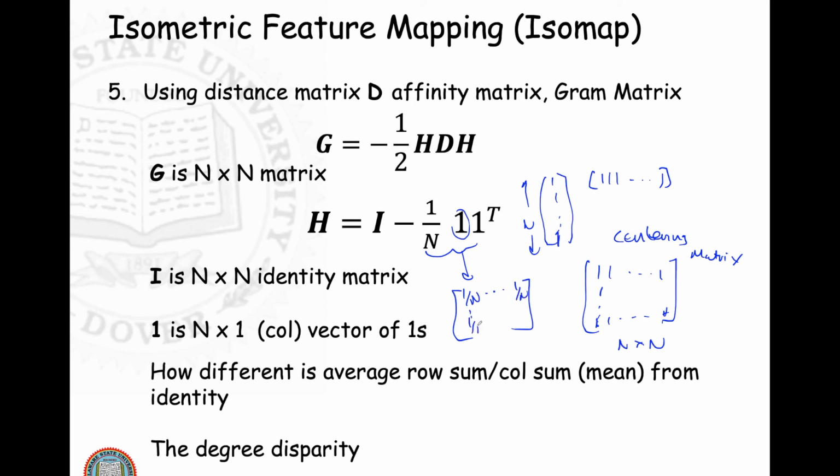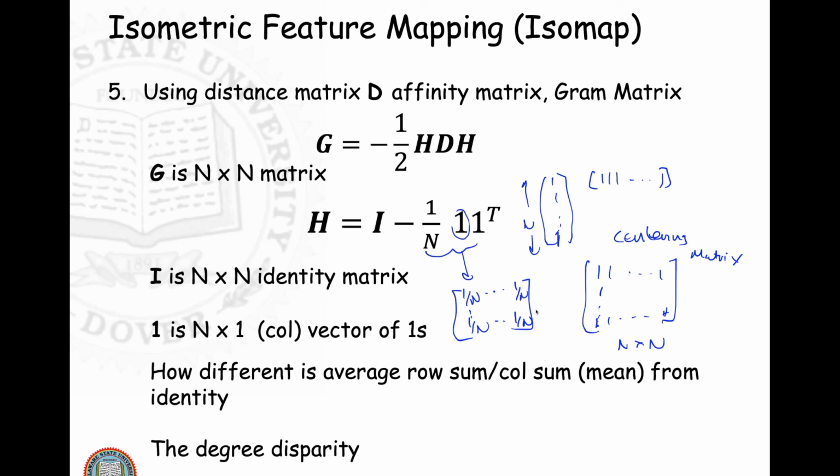And what the centering matrix does, it's called the centering matrix, because what it does is it takes the rows or the columns of a matrix and it subtracts off the mean. It centers that linear system. So what does it mean?